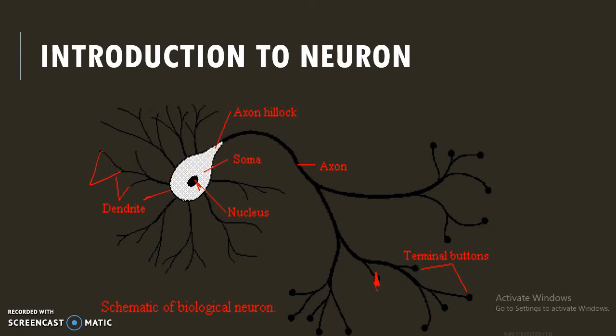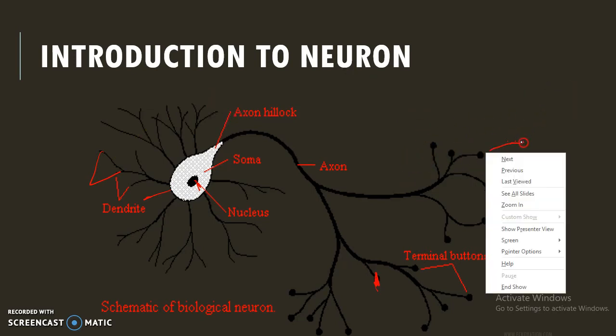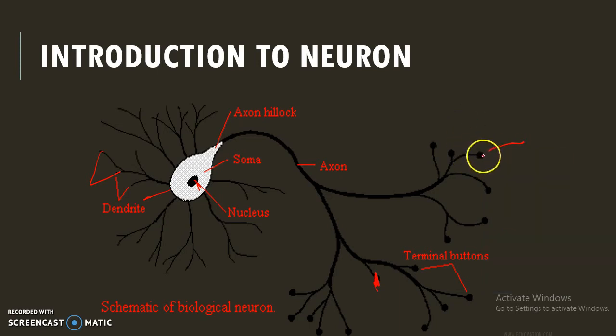As I told you in one previous example of how a reflex action works, what exactly happened? There is a chain of nerve cells. One nerve cell is connected through its dendrites to the terminal buttons and the axon part, and this one is actually connected with a different nerve cell.